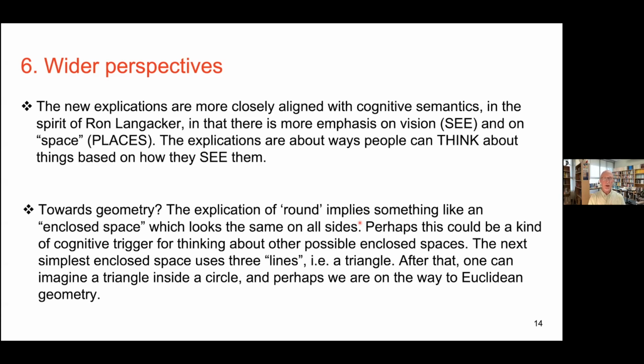I think that's an interesting external perspective. But importantly, the NSM explications are still essentially about ways of thinking. It's not like there's objective realities here. It's how people can think about things based on how they see them.